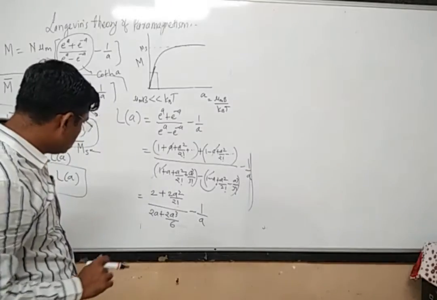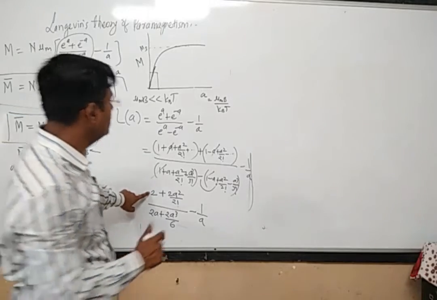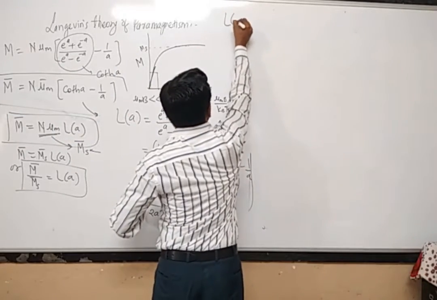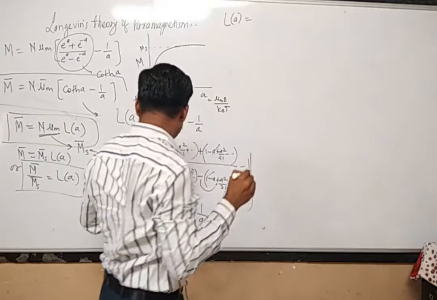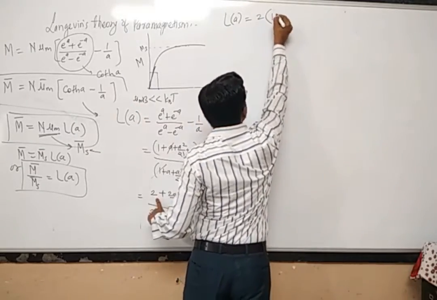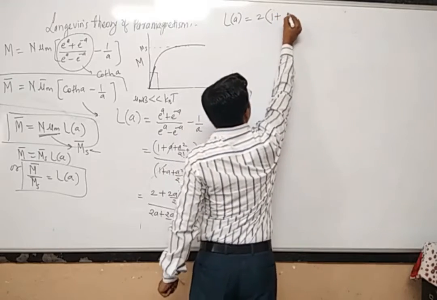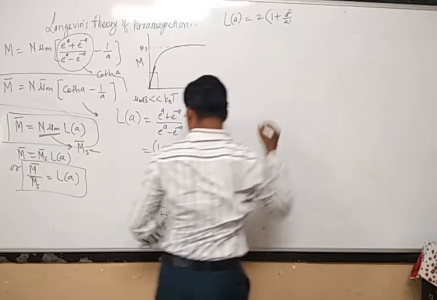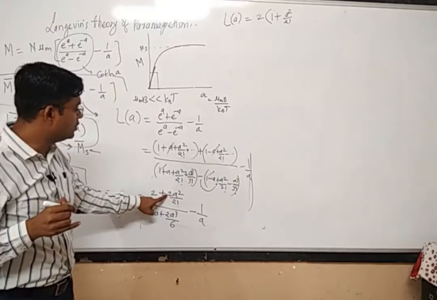Okay, so 2 can be taken common. The Langevin function L of A is equal to, 2 can be taken common here. So 2 is common: 1 plus A square by 2 factorial. See, only 2 is taken common from the numerator.